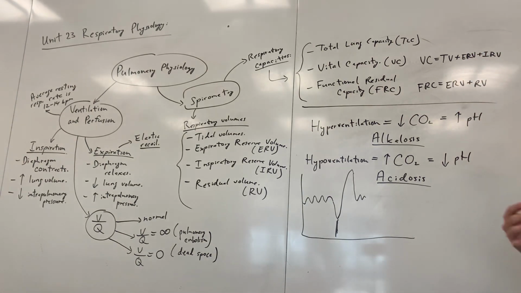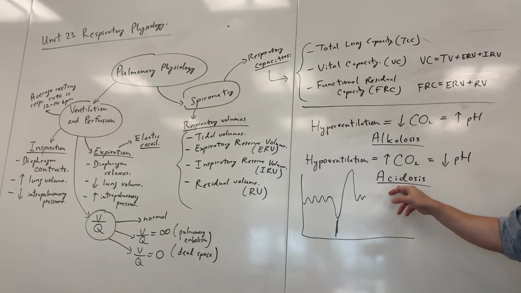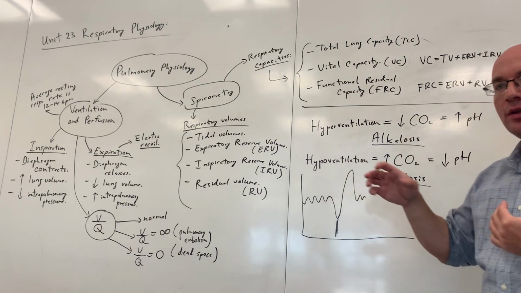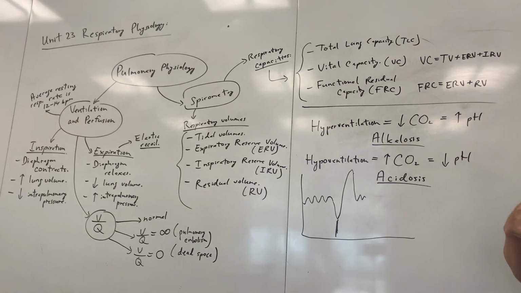As you accumulate more acid, your pH starts to drop and you become acidotic, going into acidosis. Again, you're breathing so slowly that your carbon dioxide levels are accumulating in the body. What is the body going to do, right? As you accumulate more acid, the pH has to drop into the acidic range and you become more acidotic.